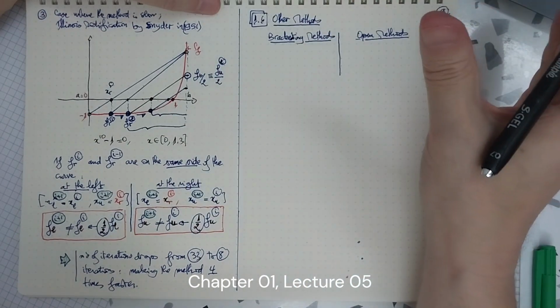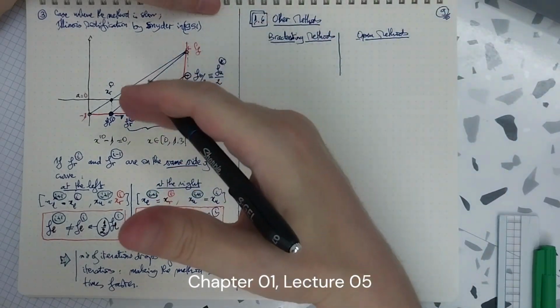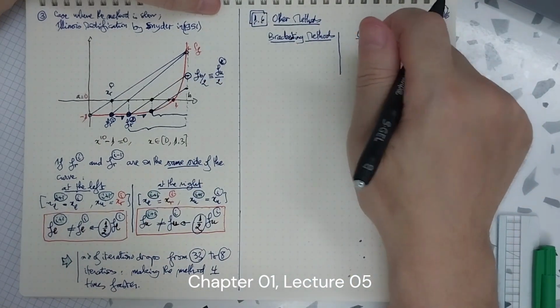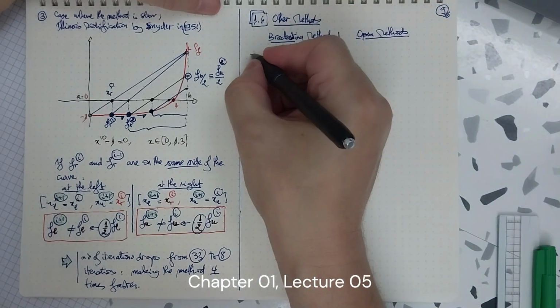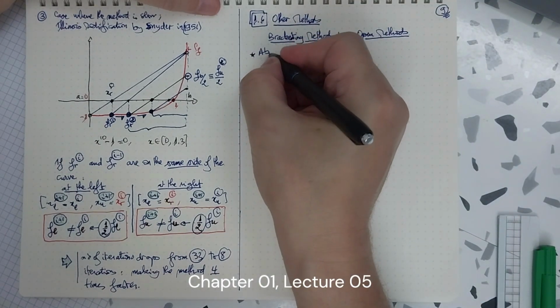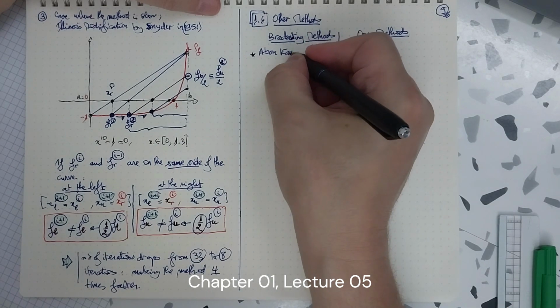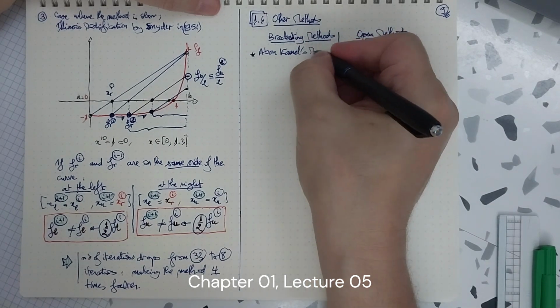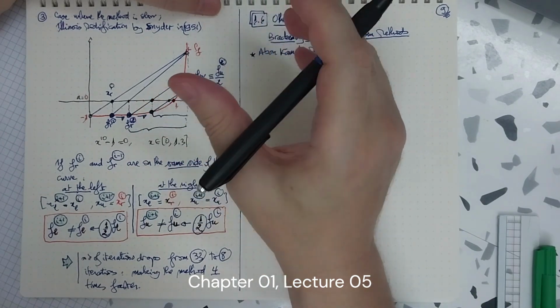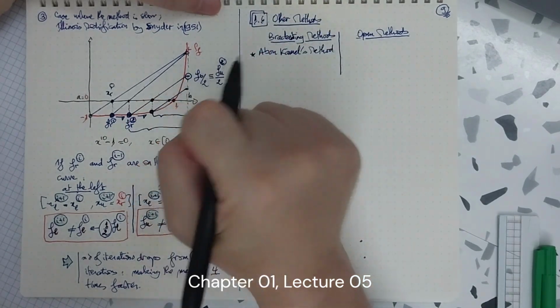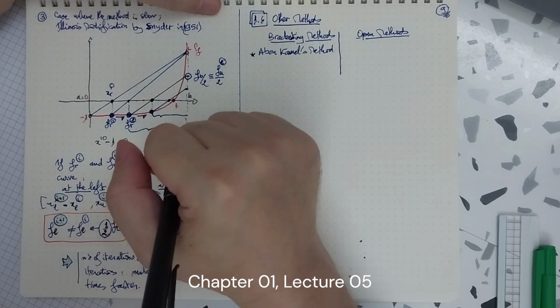In some cases, they can diverge. This is the main disadvantage of open methods. In bracketing methods, we have seen Abou Kamel's method, and we have seen also its slight modification by Snyder, the Illinois modification.